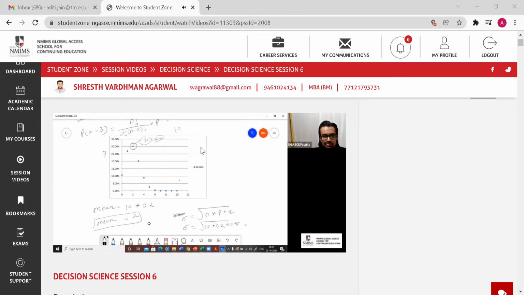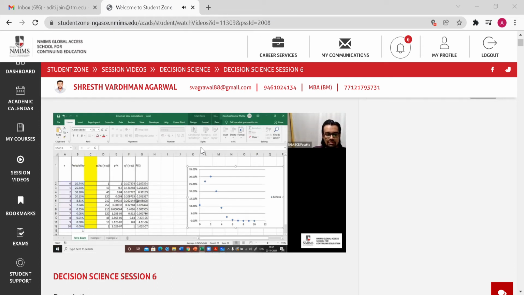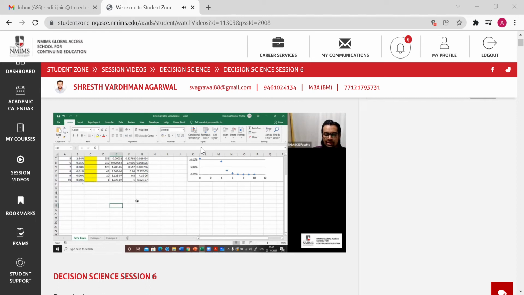Yeah, Excel, if you do it, it's much easier. Equals to 10 multiplied by 0.2 multiplied by 0.8. Okay, equals to SQRT, which is the function to find out the square root. Simple.